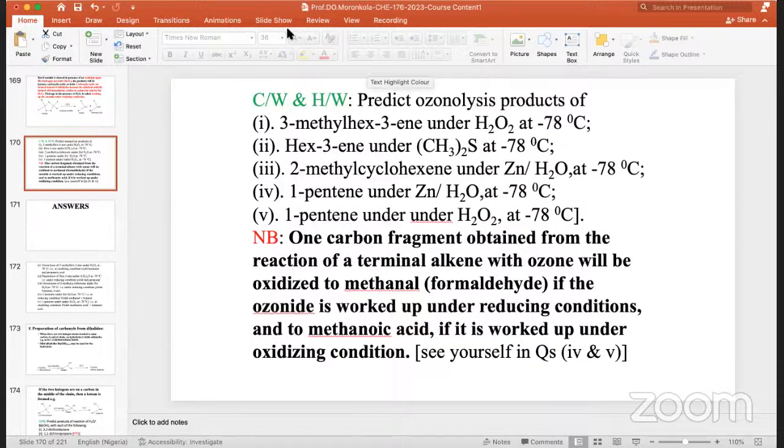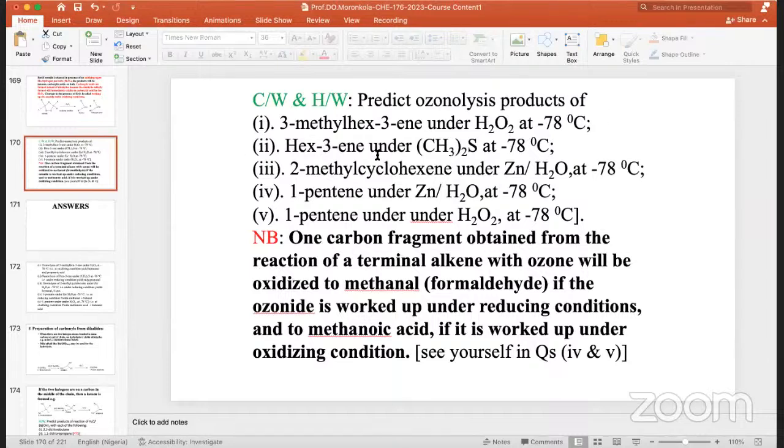So over here, we have ozonolysis. Predict the ozonolysis product of the first one, 3-methylhex-3-ene, with H2O2, that's hydrogen peroxide, which is an oxidizing condition, at -78 degrees.